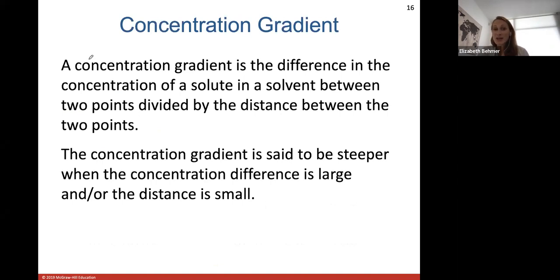The concentration gradient itself is just the difference in the concentration of a solute in a solvent between two points divided by the distance between the two points. So I'll talk about the concentration gradient and we'll say it is steeper when the concentration difference is large or the distance is small.